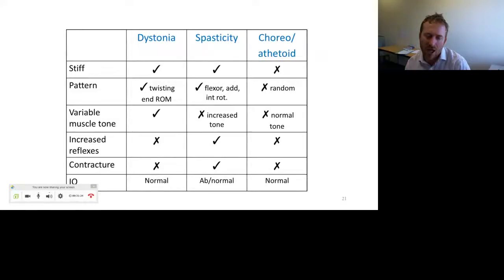Spasticity is often present with other signs of what we call an upper motor neuron syndrome, so that will be brisk reflexes, sustained clonus. And we tend to see more contracted development in spasticity than in dystonia. I'd also note, again as a gross generalization, that for children with pure dystonia, often intellect is relatively preserved, whereas it's more common to see intellectual deficits and disability in those children with mixed conditions or spasticity.